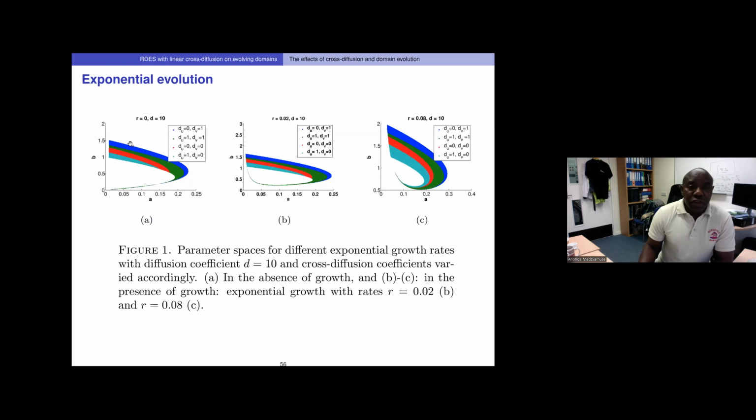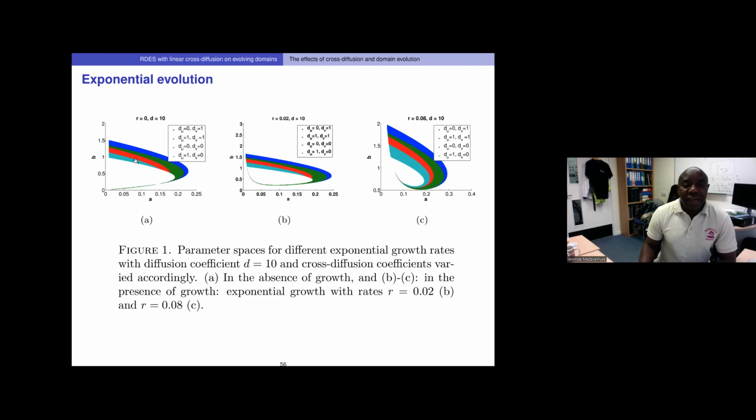This is exponential growth. The way you read this is, the first figure is on a stationary domain, because the growth rate r is equal to 0 here. Then I have a growth rate r equal to 0.02, so I'm changing the exponential growth rate. I'm taking d to be much larger than 1, so it satisfies the classical conditions of activator-inhibitor models, or long-range, short-range activation.